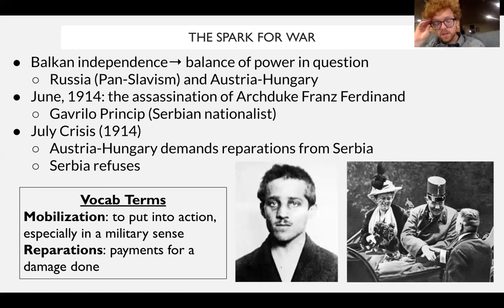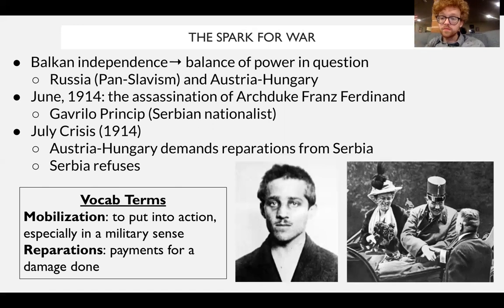Well, we call this diplomatic crisis of how do we respond to the assassination of Archduke Franz Ferdinand, the July crisis. Austria-Hungary is going to say to Serbia, even though the government of Serbia had nothing to do with this, Serbia, you have to make reparations. You have to pay us for the death of our heir.